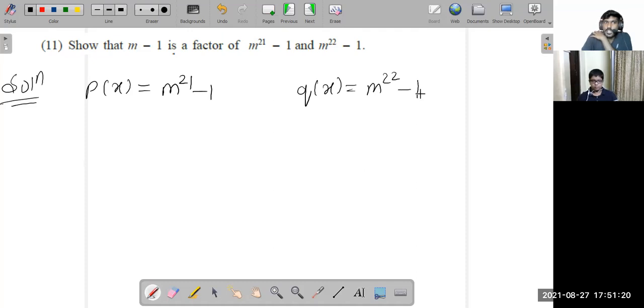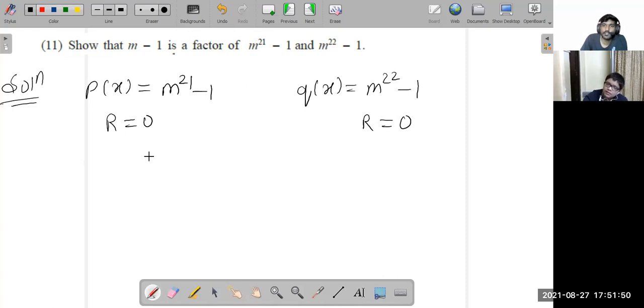To check whether m minus 1 is a factor or not, what should you get? The remainder should be 0 for this one, and for this one also the remainder should be 0. What theorem will you use to check whether the remainder is 0? Remainder theorem.